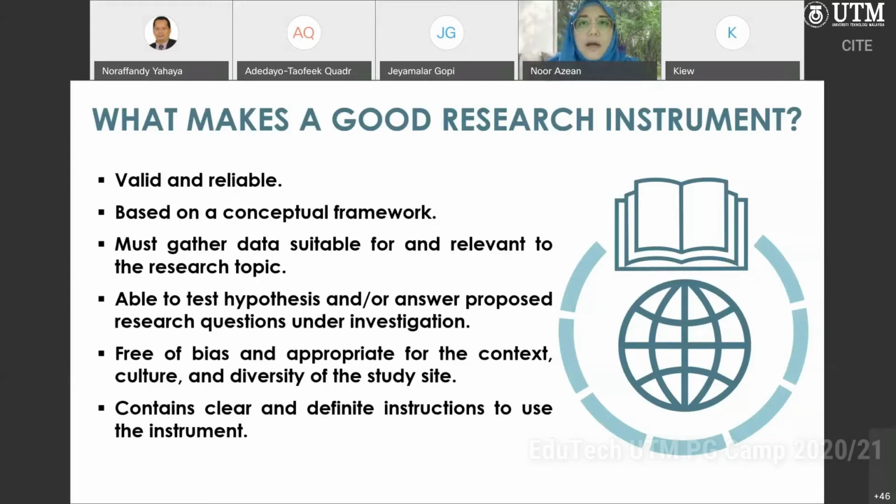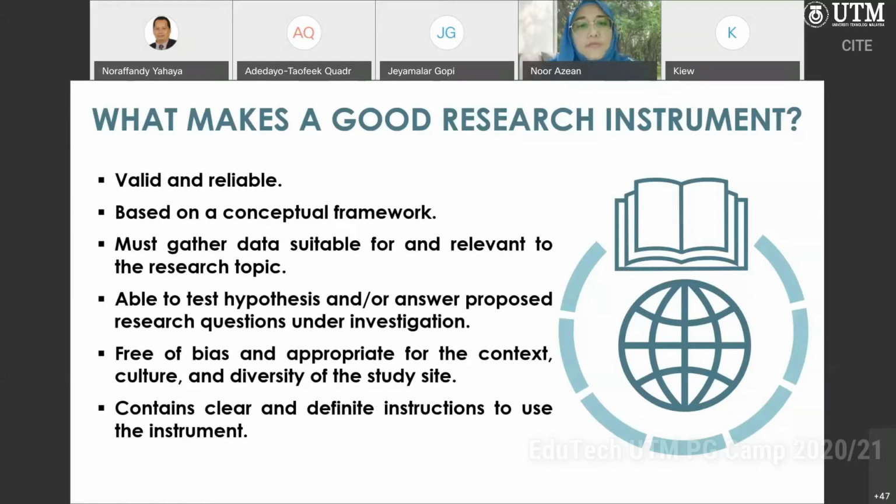The instrument must gather data suitable for and relevant to the research topic. It must be able to test hypotheses and or answer the proposed research question under your investigation. It should not have any bias in the way that data is collected, and it should be clear how the research instrument should be used appropriately.